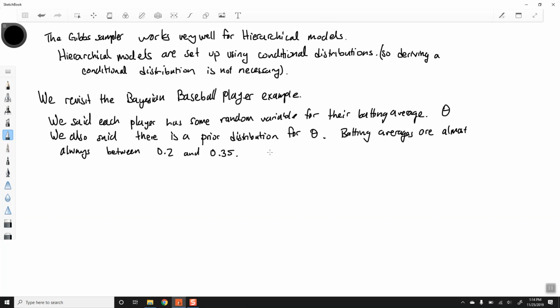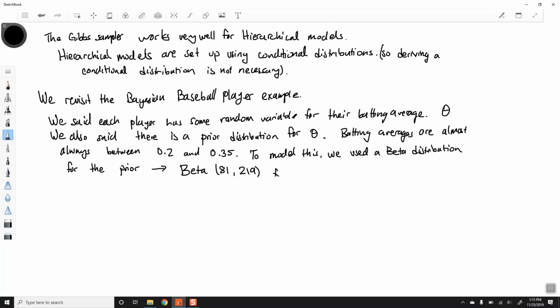To model this, we used the beta distribution for the prior. We said we have a beta(81, 219) for the prior distribution of theta.